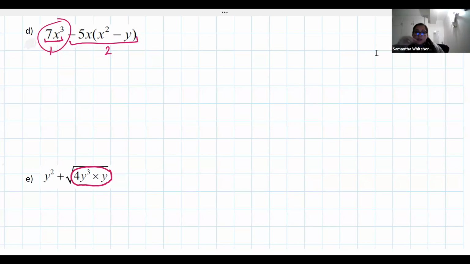Question E, first see if you can simplify or deal with what is underneath that square root before you start stressing about the square root. Remember, a square root or a cube root or any root acts as a bracket. BODMAS tells us to deal with the brackets first. So that's what we try and do first.